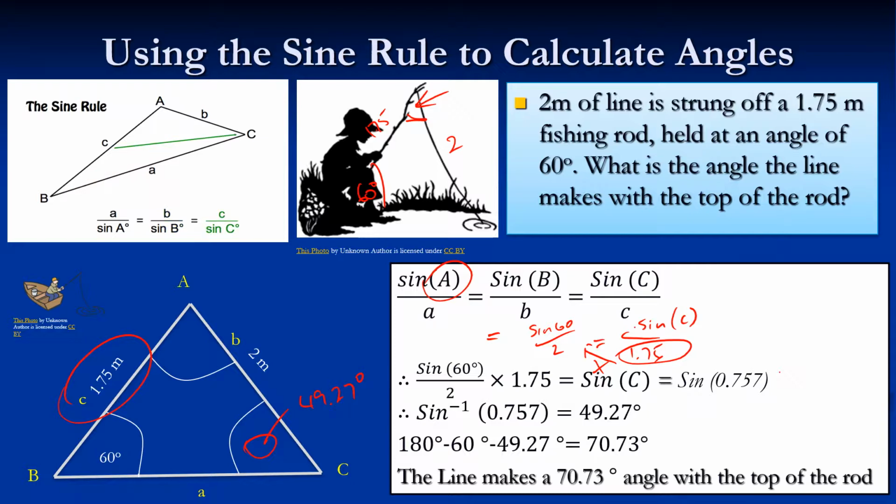Now this is a two-step problem, so we had to do that because we weren't given the value of this side here. So now we just say 180 minus that 60 minus that 49 will give you 70.73 degrees. So the line makes an angle of 70.73 degrees with the top of the rod.